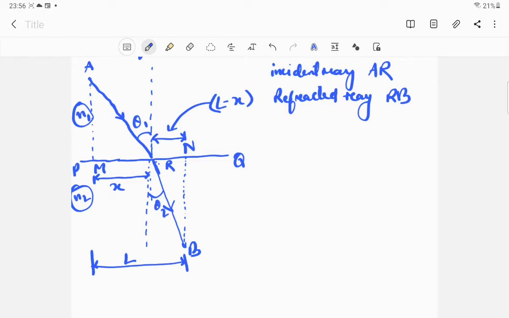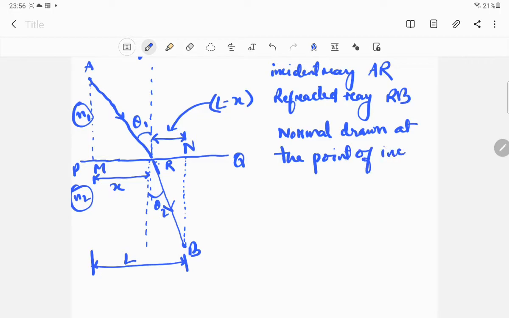The normal, I have not named it, so it's just a normal drawn at the point of incidence. What is the point of incidence? It is called R. All lie in the same plane. Okay, so that's what we got.